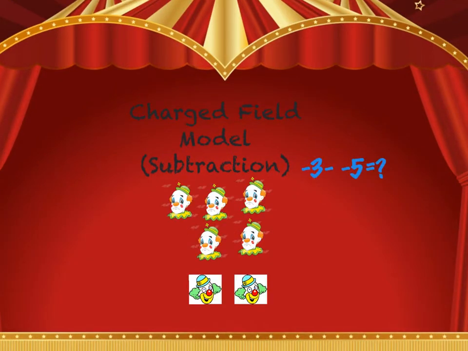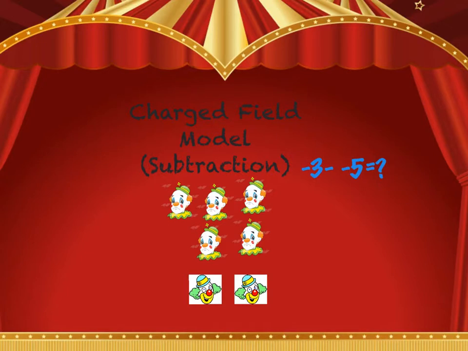So that means that we bring in 2 sad clowns and 2 positive clowns that counteract the 2 sad clowns that we brought in. We started off with 3 negatives, 3 sad clowns, and we're going to minus 5, a -5. So what happens now is that we have the 2 happy clowns that counteract the 2 sad clowns we brought in to make the number -5.